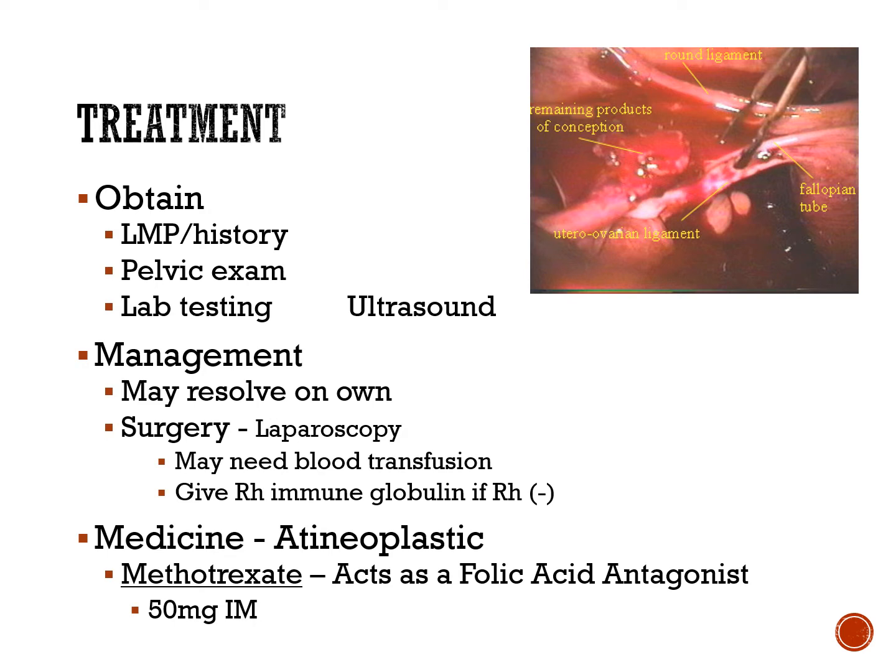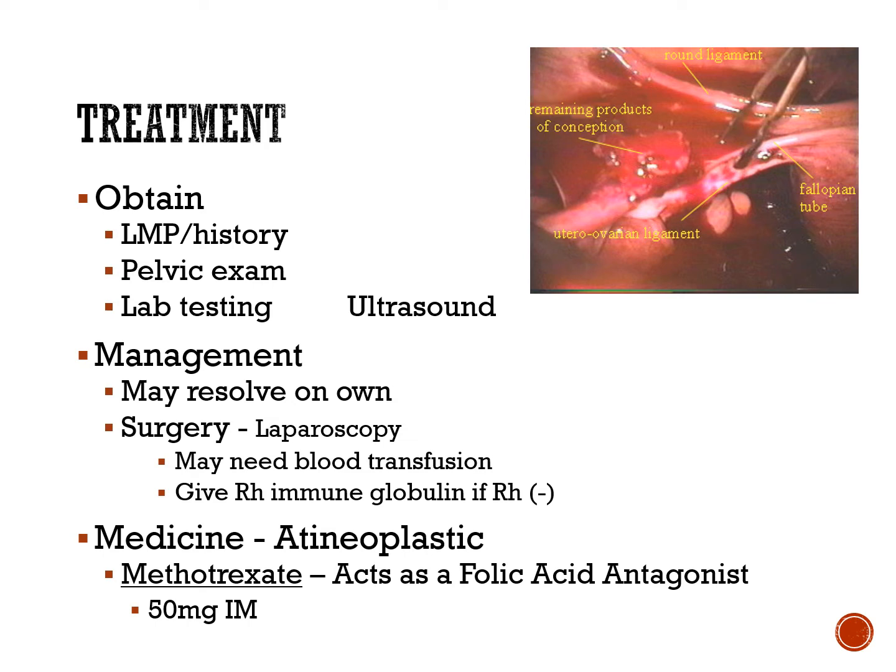There are medicinal ways to help with an ectopic without having surgery. If you have an ectopic that's caught pretty early, then they can use methotrexate. Methotrexate is actually a chemotherapy medicine. It's an antineoplastic drug.